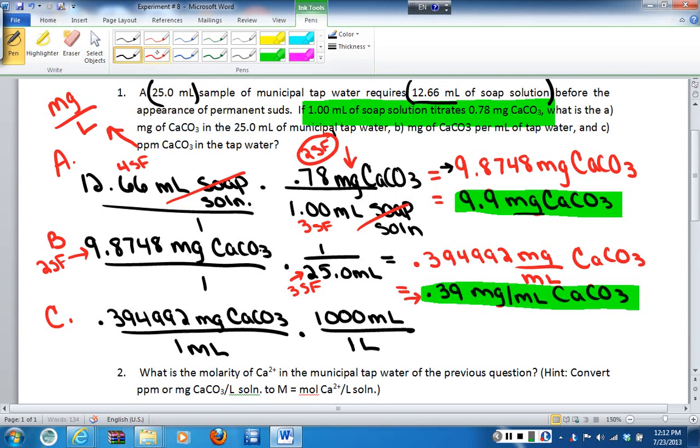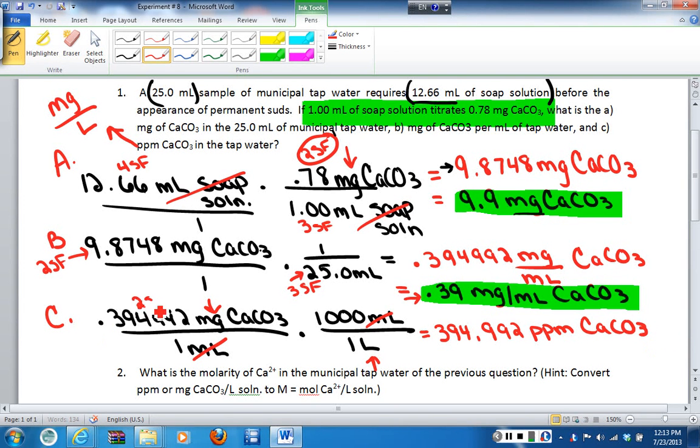If we cancel our units, milliliters cancels, leaving us with milligrams per liter, which is a unit of parts per million. When we do our calculation, we get a value of 394.992 ppm calcium carbonate.